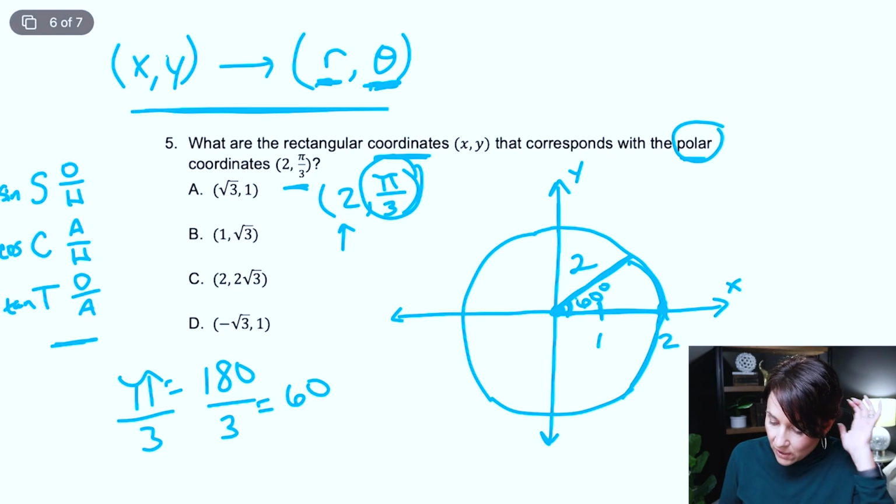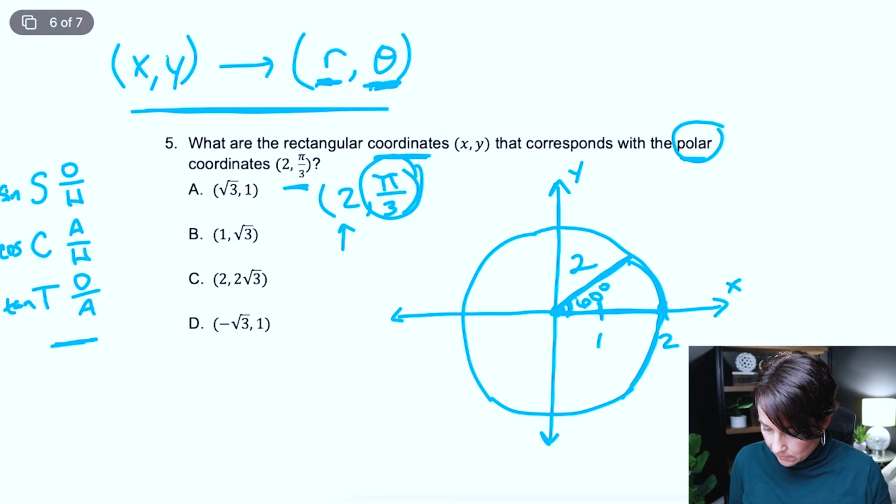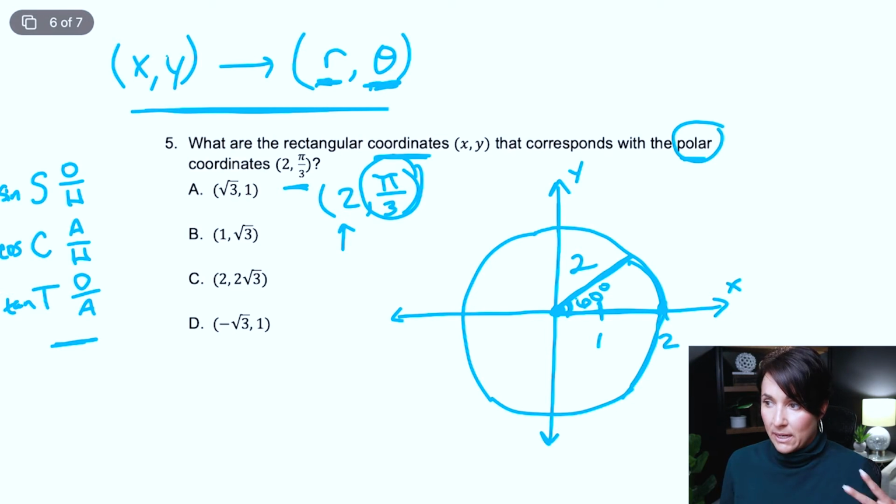So I have a couple of values here, and now I have to figure out how to do this. Let me erase this, because I'm going to need this space to do some mathematics. We already know that pi over 3 equals 60 based on our unit circle and the fact that pi represents 180. If I take 180 and divide by 3, I get 60.